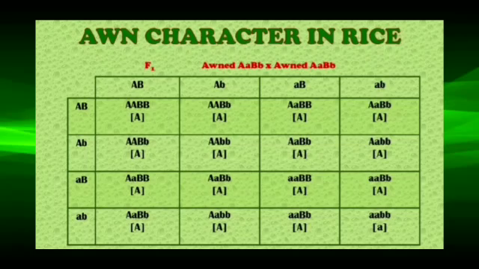As I have told you, the awn character is totally controlled by the two dominant duplicate genes, capital A and B. In this way, only two classes of plants are developed, and the normal dihybrid segregation ratio 9 is to 3 is to 3 is to 1 is modified to a 15 is to 1 ratio in F2 generation.